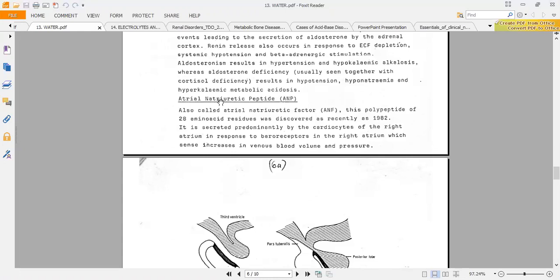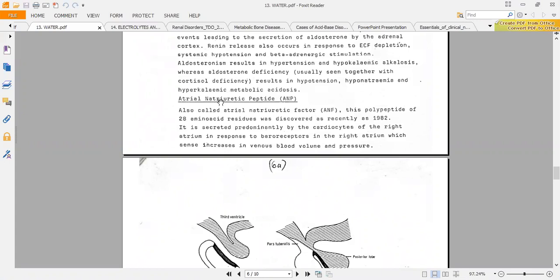Once again, for the clinical year students, if someone has heart failure, you know that the person will have a lot of water in the system because the heart cannot pump. So the blood will accumulate in the heart. The heart will expand and it will release this ANP. So we use the levels of ANP to measure the degree of heart failure.